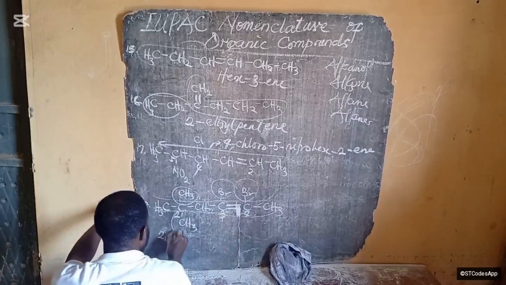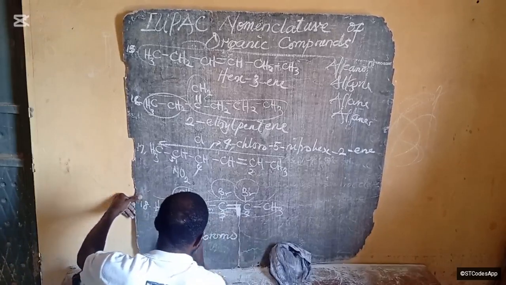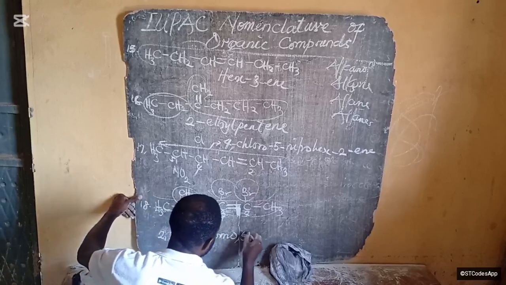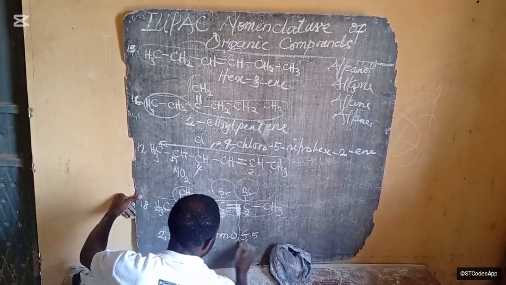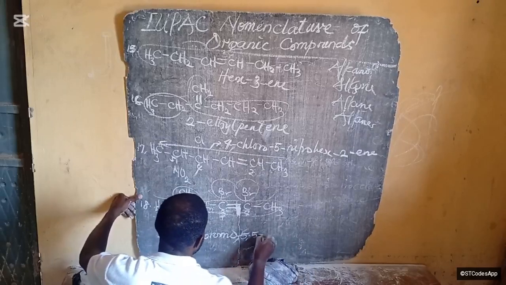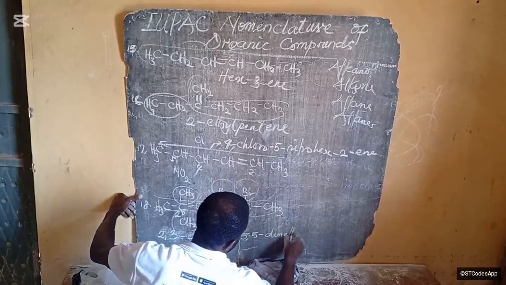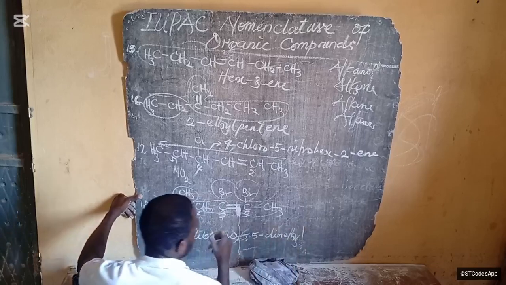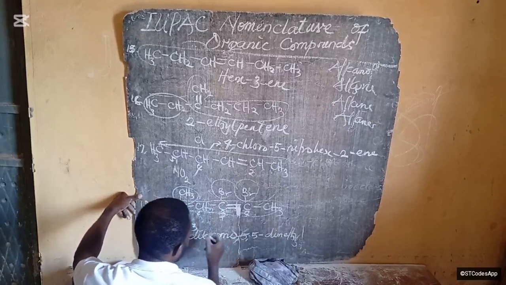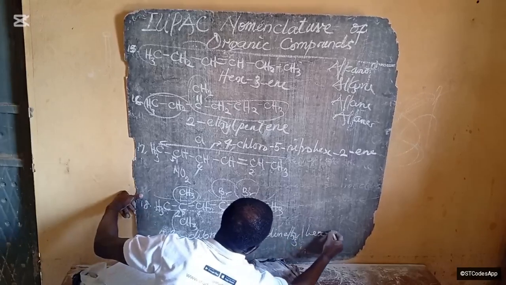So that will be 2,3-dibromo, 5,5-dimethyl, actually not methyl, dimethyl, then 5, 6, hex-2-ene.